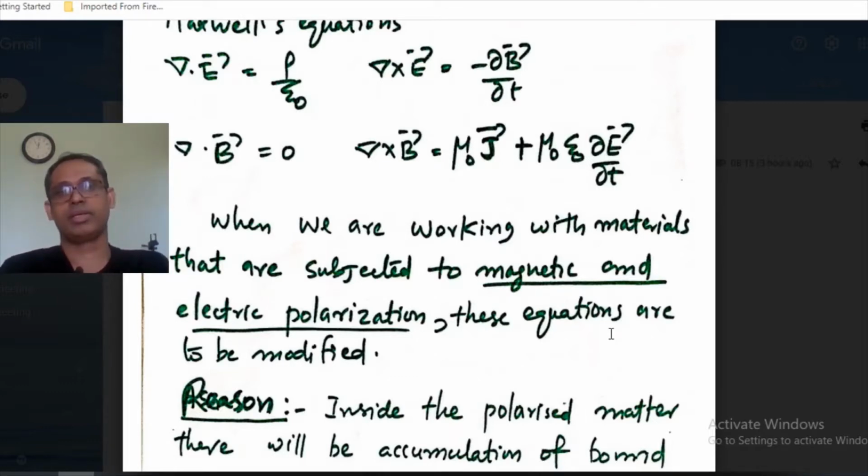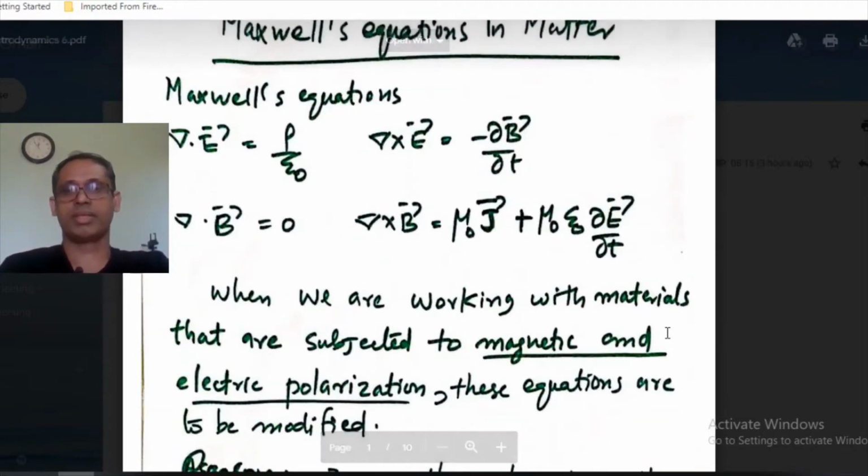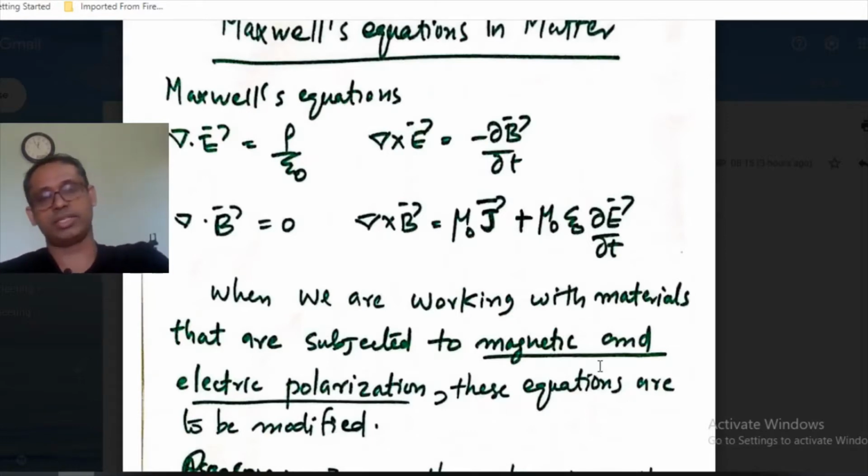We have studied in detail about magnetization and electric polarization in the previous semester. So under this condition, when there is magnetic or electric polarization, the Maxwell's equations have to be modified.